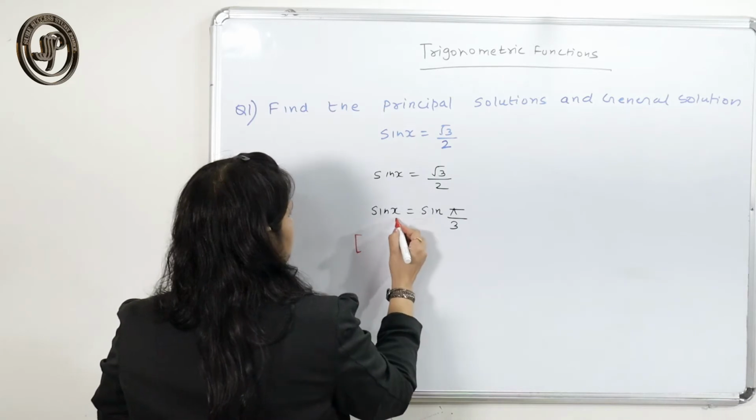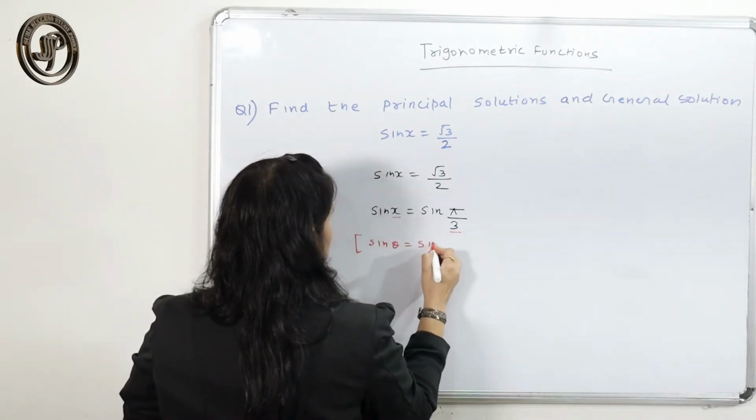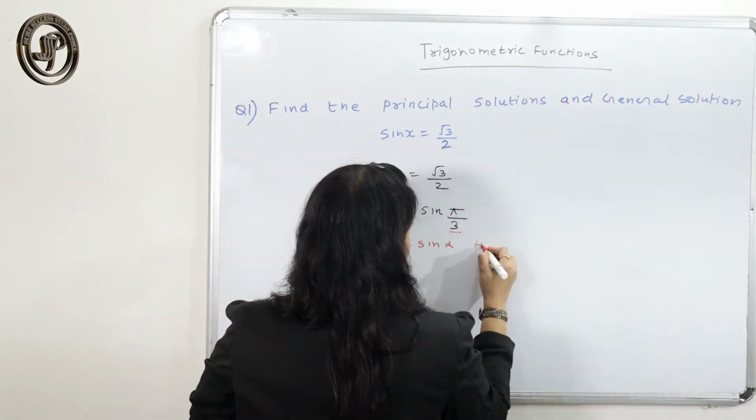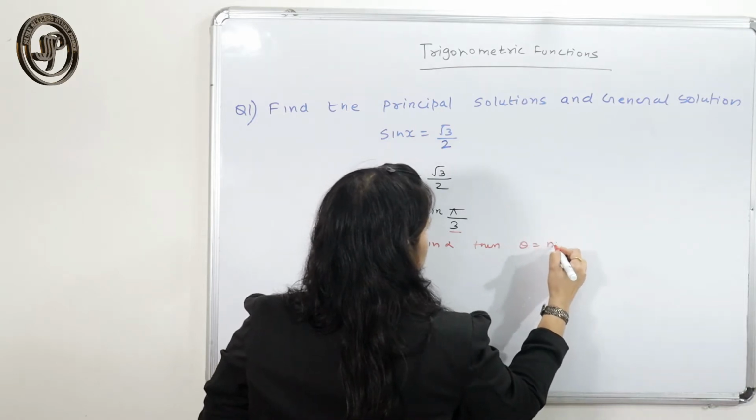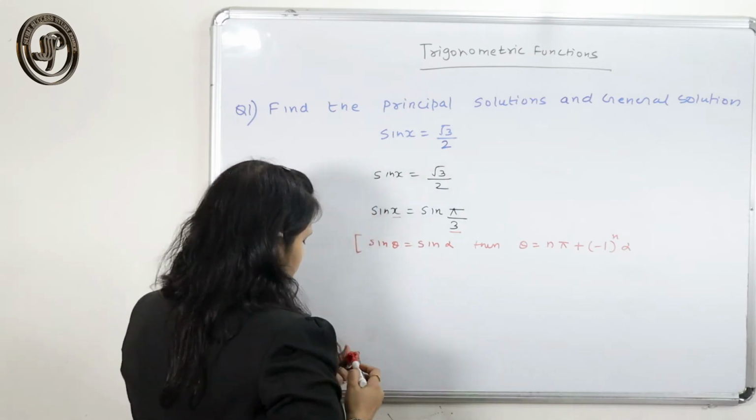So if I consider this theta and this alpha, I know that if sin theta is equal to sin alpha, then theta is equal to n pi plus minus 1 raised to power n into alpha.